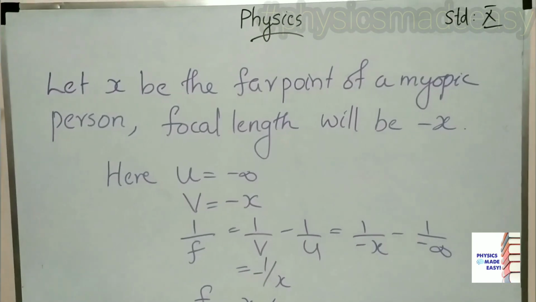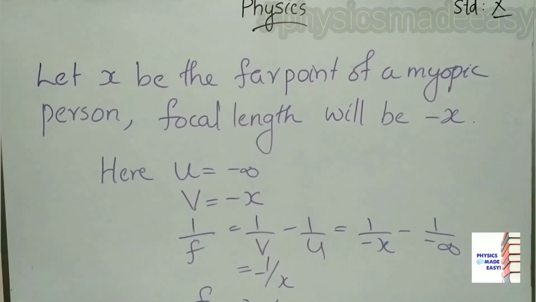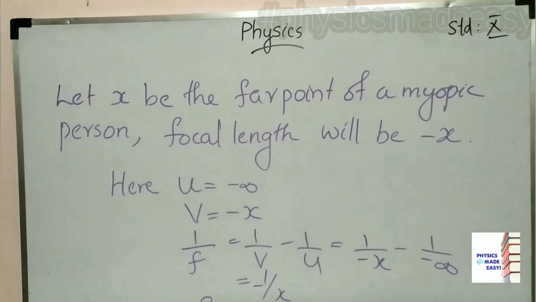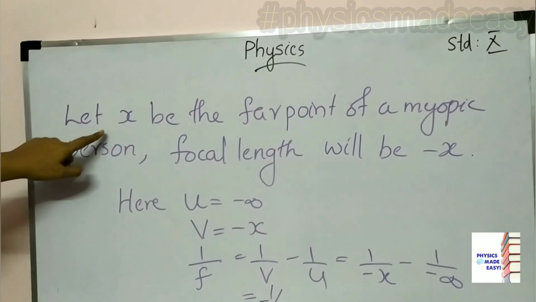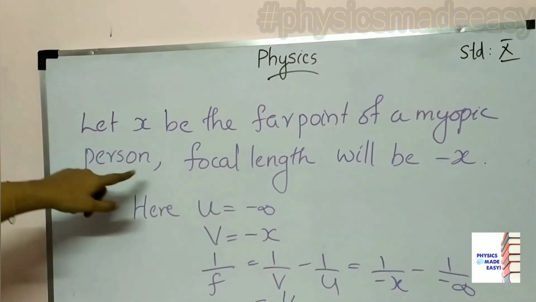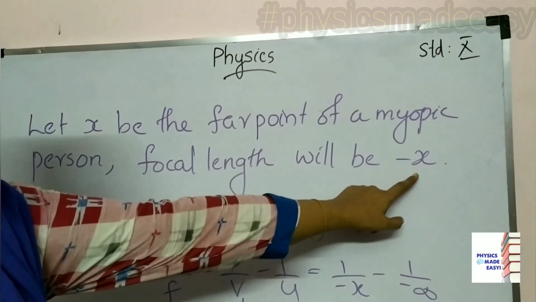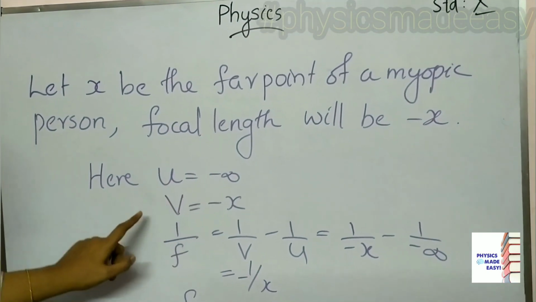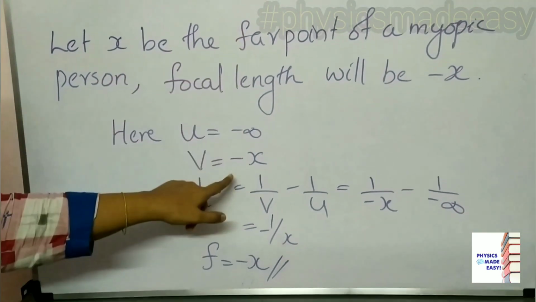Listen here children, let x be the far point of a myopic person. I told you the focal length will be the same. So here you can see x, that is the far point, then the focal length will be minus x. You can see here the object distance we can take as infinity, image distance that is the far point, minus x.